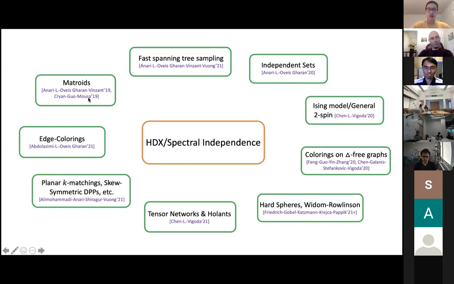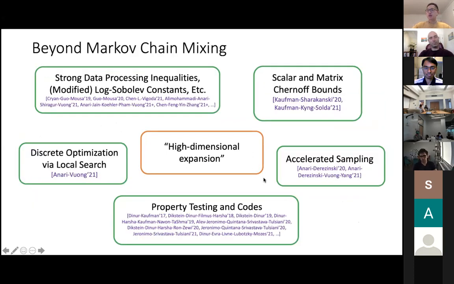Before I get into these concrete applications, I also want to mention that these notions of high dimensional expansion have had a lot of applications outside of Markov chain mixing as well. For instance, there was some recent work on proving concentration inequalities using this. You can also get guarantees for local search algorithms for discrete optimization. And using other notions of high dimensional expansion, you can get lots of really cool results in property testing and codes.